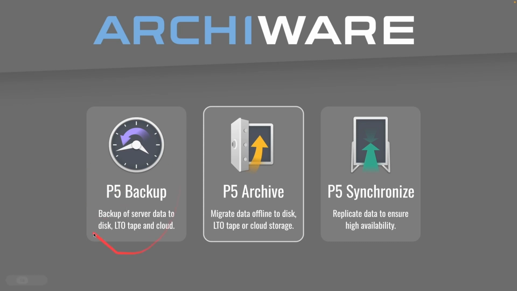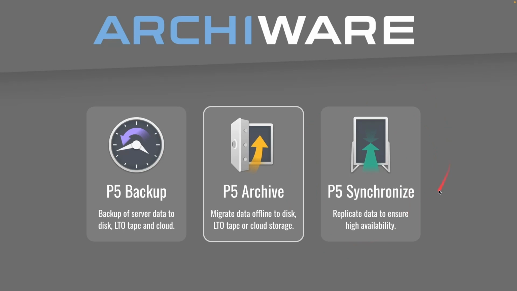The products break down as P5 Backup, which is a disaster recovery tool to secure your data in the case of a failure to disk, tape, or cloud. Then we have P5 Archive, which is particularly applicable in the media and entertainment space because it has a MAM database and it can write data that no longer needs to be on production storage off to cold storage, which is typically LTO or cloud.